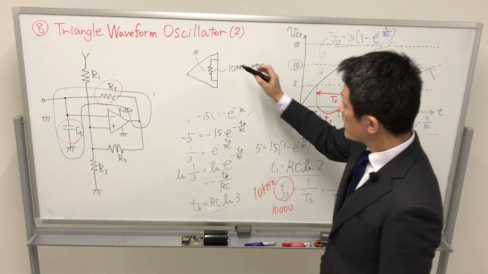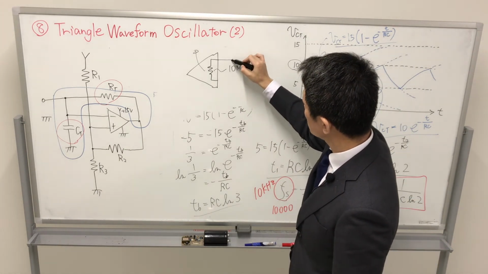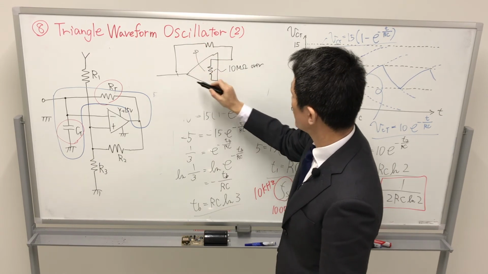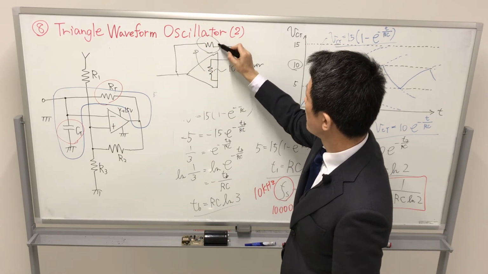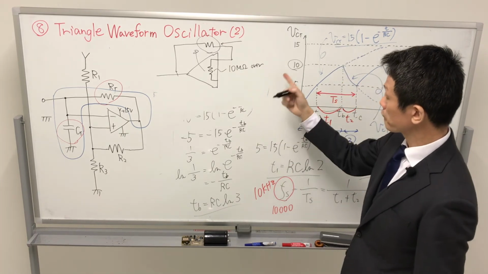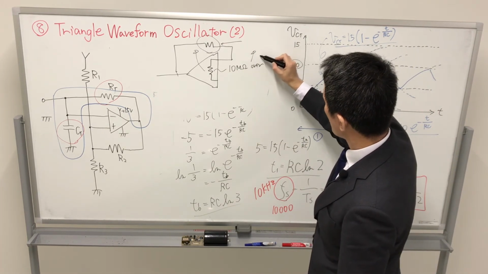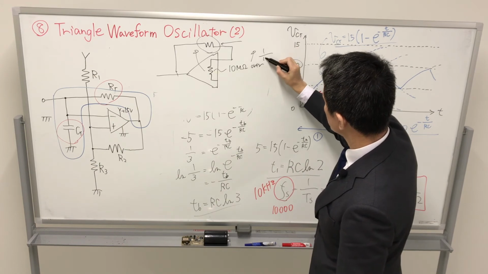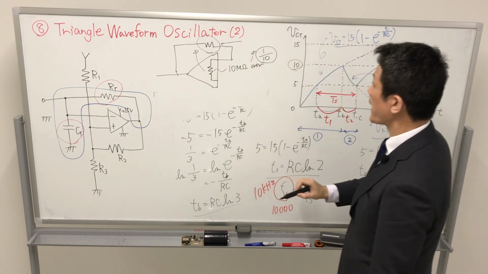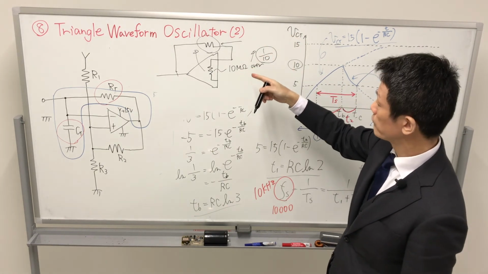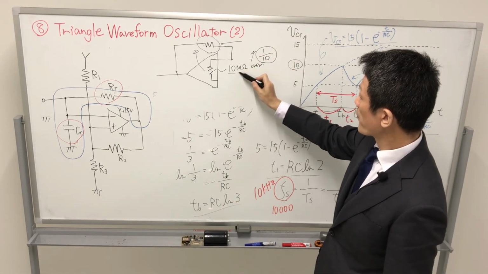And the resistance connected near this term should be around 1 over 10 times the resistance value. So the minimum is here.